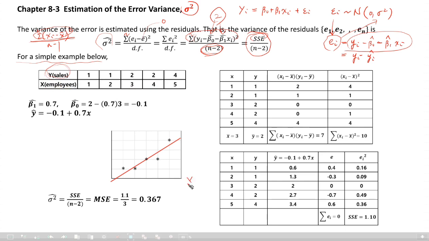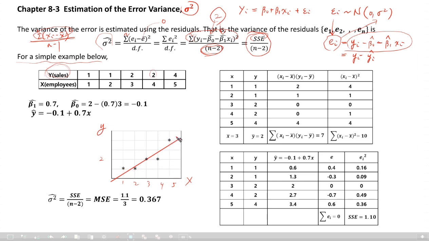This is X. This is Y. So employees 1, sales 1. 2, sales 1. 3, sales 2. Number of employees 4, sales 2, and 5, sales 4.